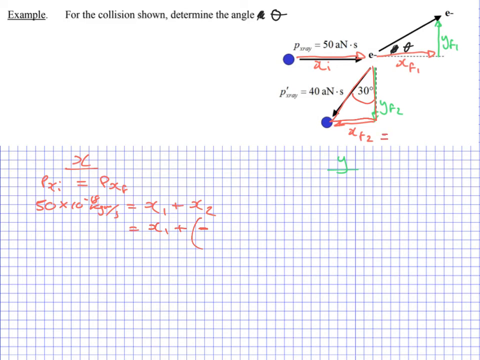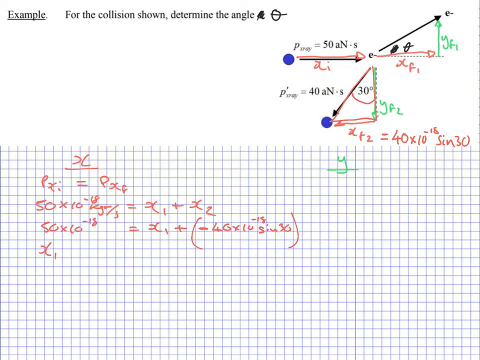So this x2 is going to be 40 times 10 to the negative 18. I'm not going to put the units in for now. And it's opposite, so sine 30. Okay, so I'm going to put that in. 40 times 10 to the negative 18 sine 30. Okay, and of course what I can do then is solve for x1, because this is 50 times 10 to the negative 18.